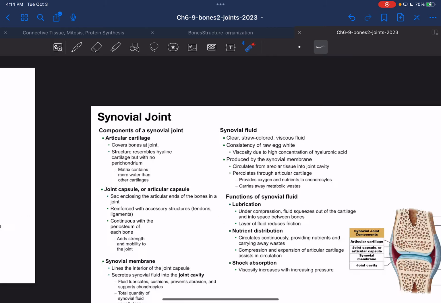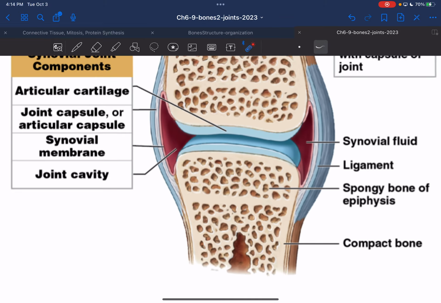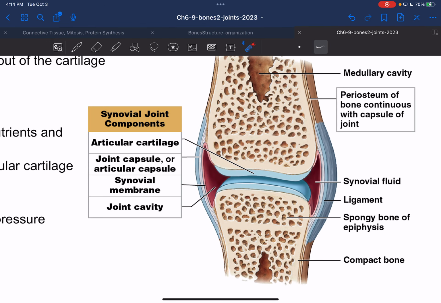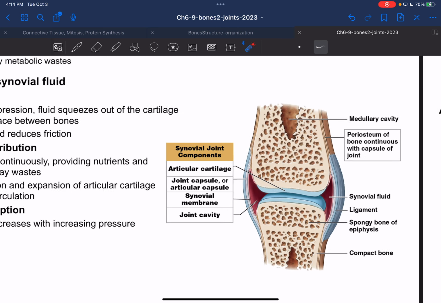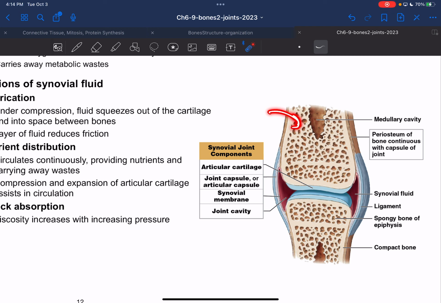And so synovial joints. Now, this image sums up what you need. Learn the labeling behind this image. Let's orient ourselves first. You can see that we have our compact bone on the outside of this bone above. This could more than likely be any bone that has a synovial joint.